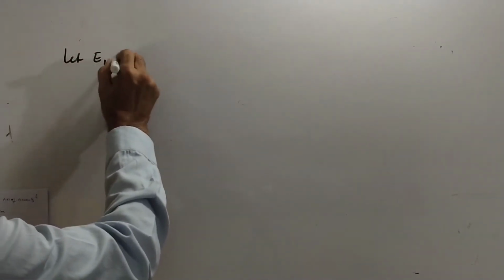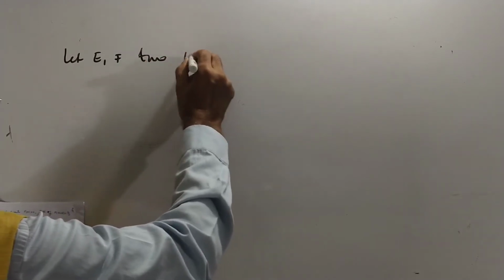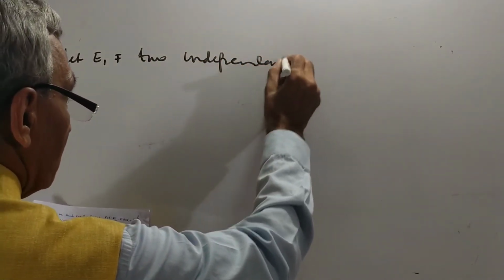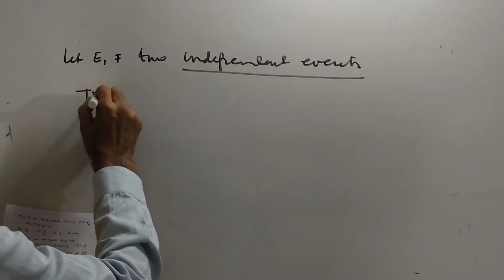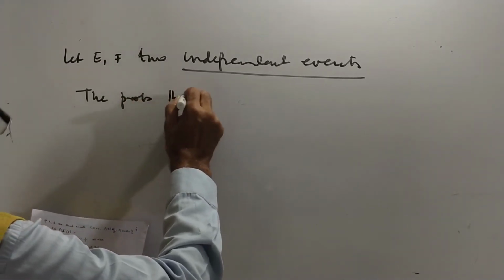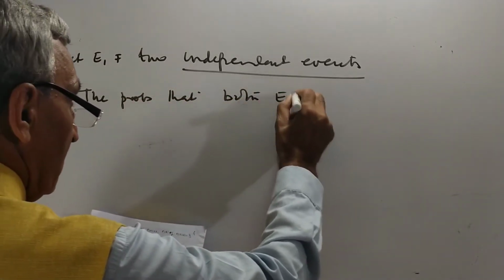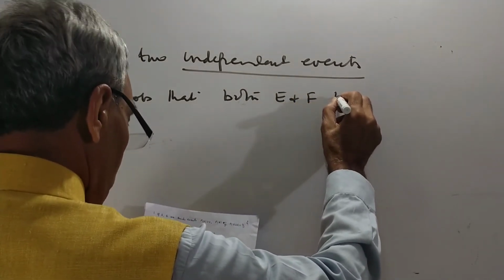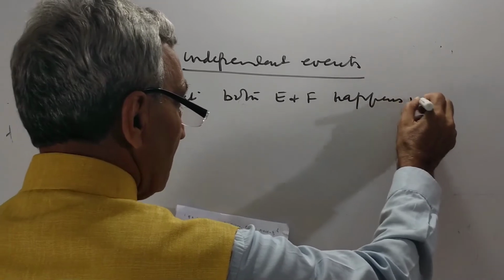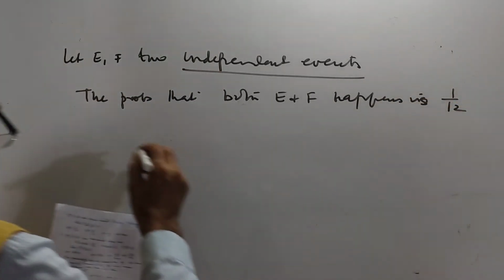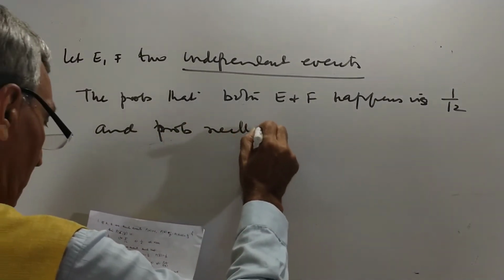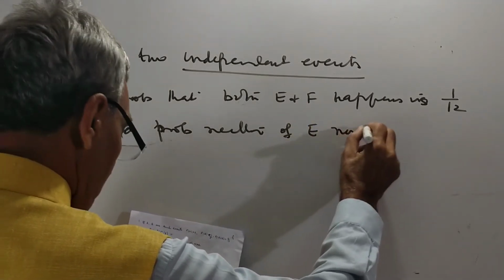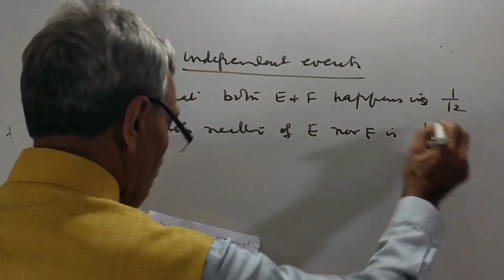आपके NDA के सवाल. If E and F are two independent events, underline the word independent, the probability that both E and F occur is 1 by 12, and the probability that neither E nor F happens is 1 by 2.